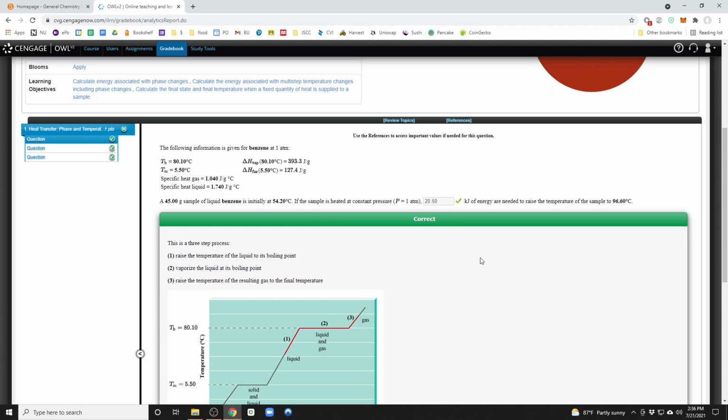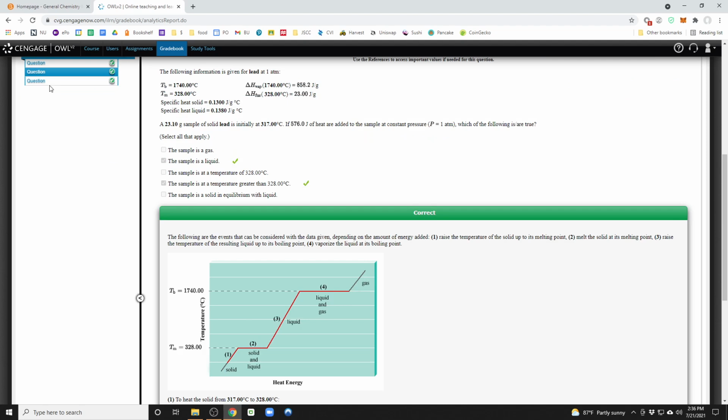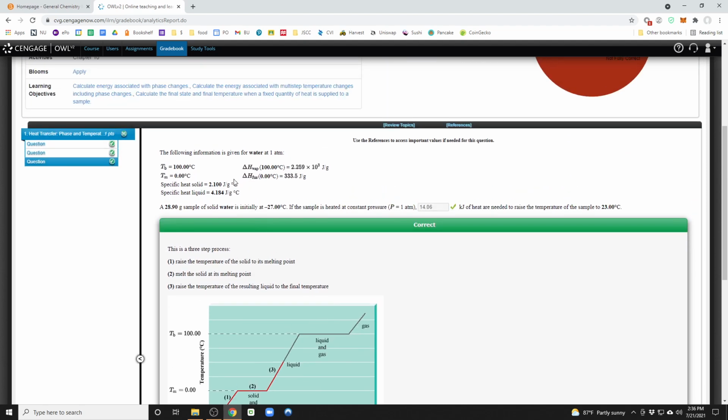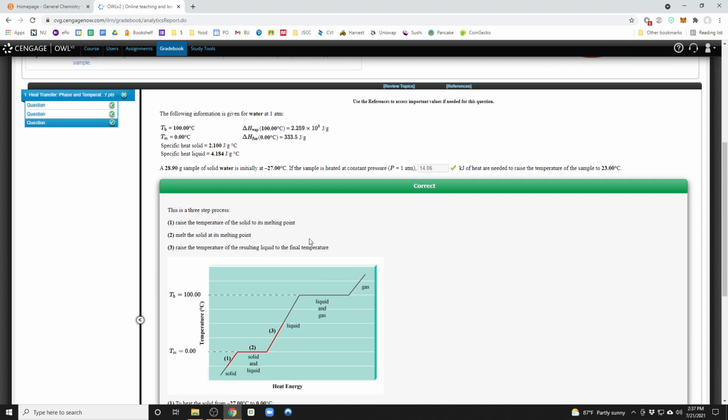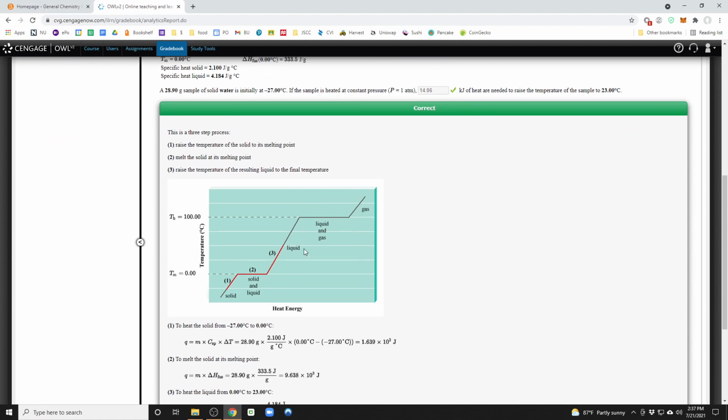Right there. Alright. And that's it. That's how you do that. Honestly, all 3 of these are different derivations of that same problem. And there's not really a whole lot of difference in it. You just, again, the easiest way to always do these is to trace out your heating curve, which is, again, a raising in temperature with the heat, which is heating the substance.